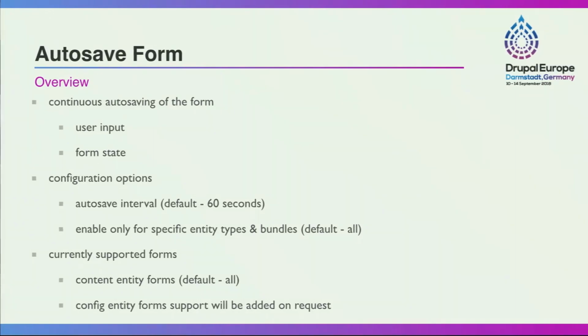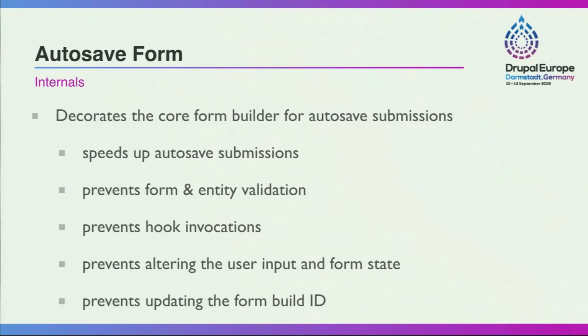If you want to, you can limit it only to specific ones and to their bundles. We don't support config entity types at the moment. If there is a request for it, then I might add such functionality. I just didn't have the time to do it, and didn't know that it's so important.